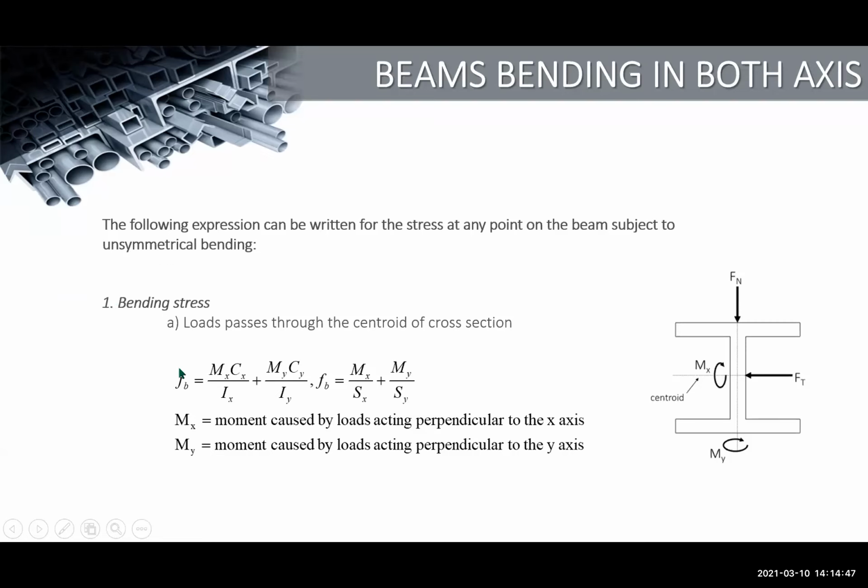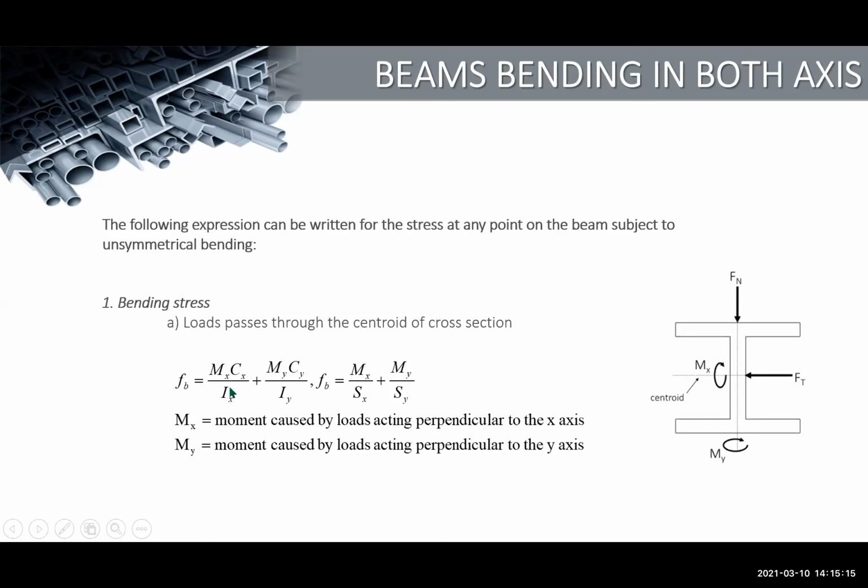Now, sa bending stress, kung mapapansin nyo, di ba, the formula for actual bending stress is MC over I. Now, again, MC over I yung ginagamit natin because hindi siya regular shape. Kung rectangle to, 6M over BD squared. But since irregular yung shape niya, so MC over I along x-axis and MC over I along y-axis.